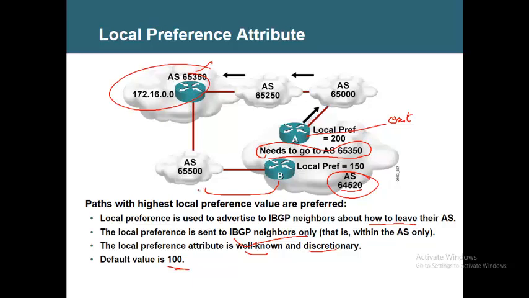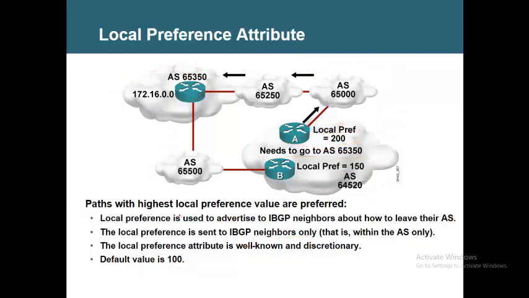B is just having 2 hops. A has got more than 2. 1, 2, and 3. So by default, all the routers in this autonomous system, you may have many routers, by default take the shortest AS path when you don't configure any other attribute. But I don't like that.